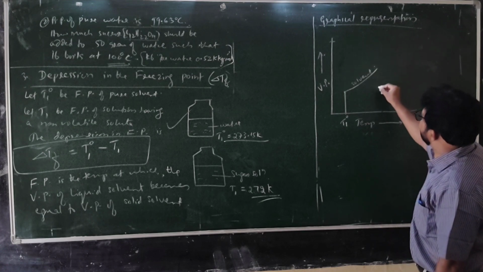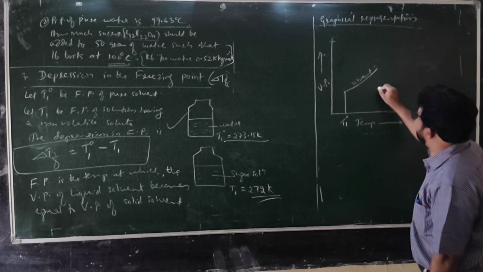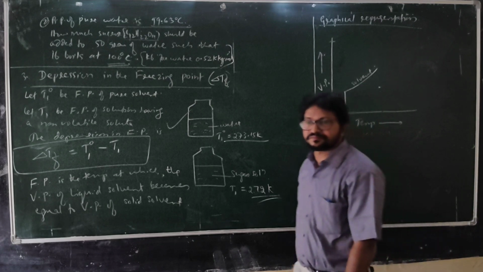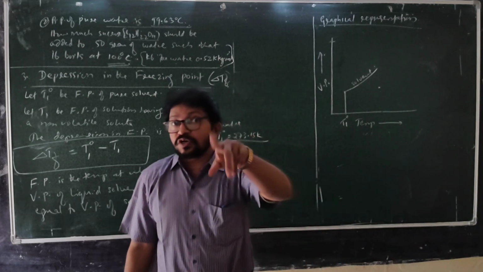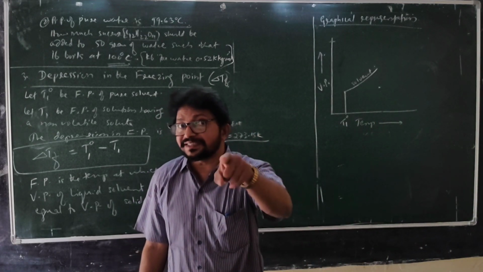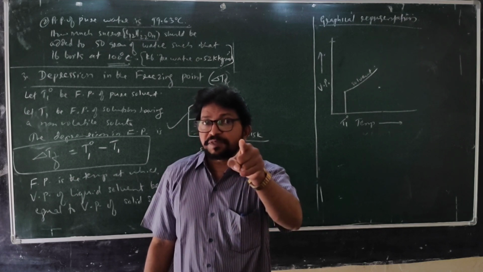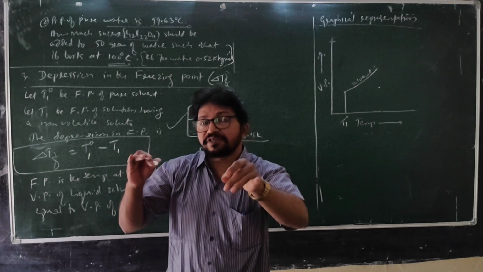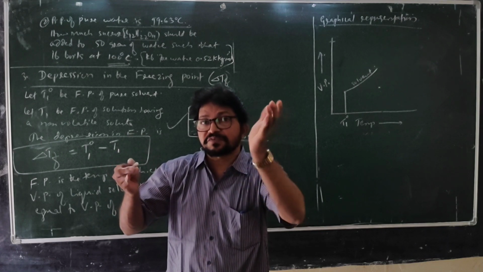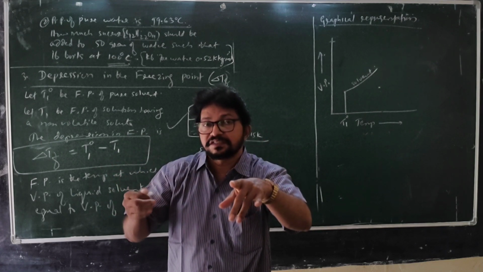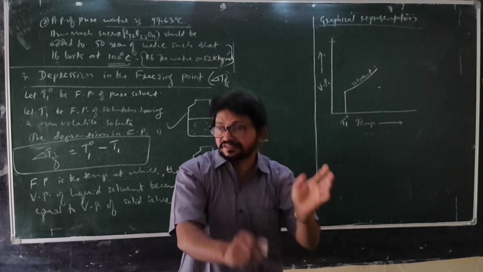Suppose if you consider a solvent solution, since mole fraction of the solvent is less in the solution, vapor pressure of solvent and vapor pressure of solution, if you consider, vapor pressure of solution is lesser.